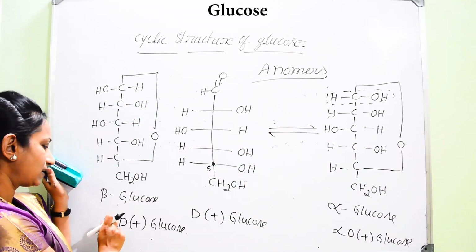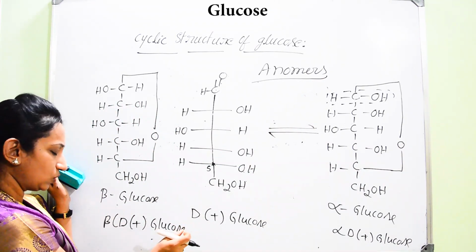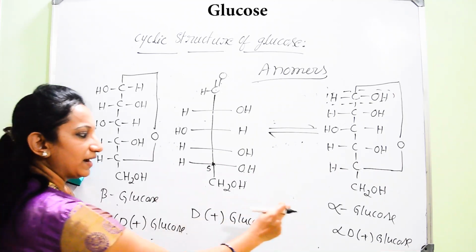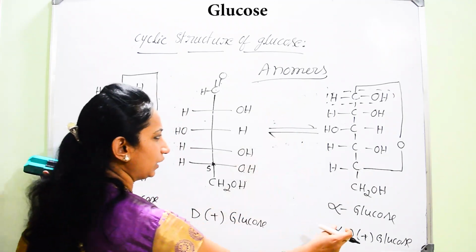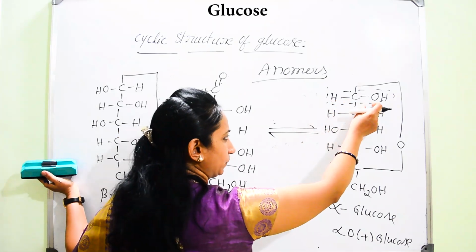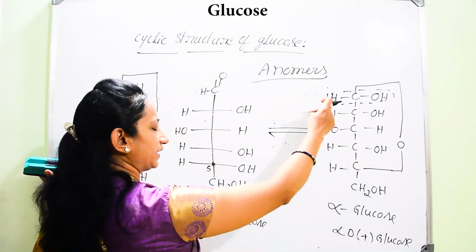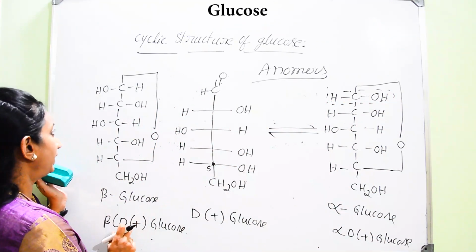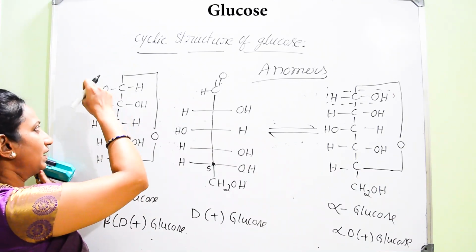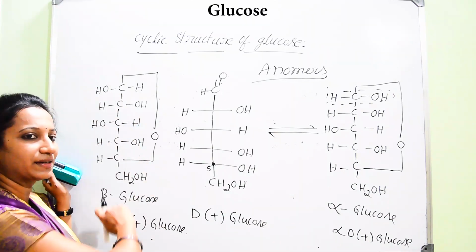Which are those anomers? Alpha D-glucose and beta D-glucose. Where do they differ? In the alpha form, the OH group is on the right hand side and H is on the left hand side, but in the beta form, the OH group is on the left hand side and H is on the right hand side.